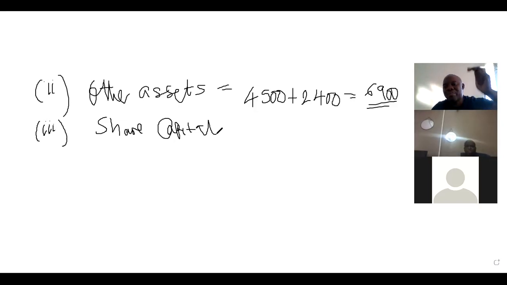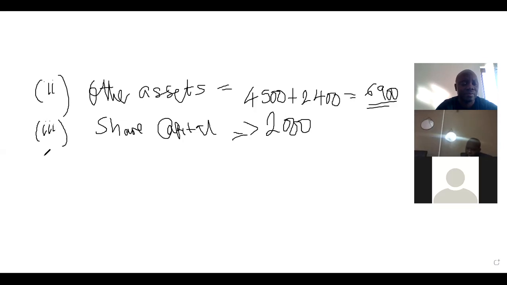Under equity of capital, you have pre-acquired reserves and all that. So those get canceled, and any difference between the two gives you your goodwill. So in share capital, you only pick for the parent company, which in this case was how much? 2,000. 2,000, yeah.